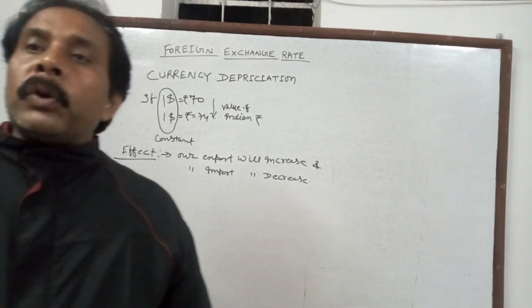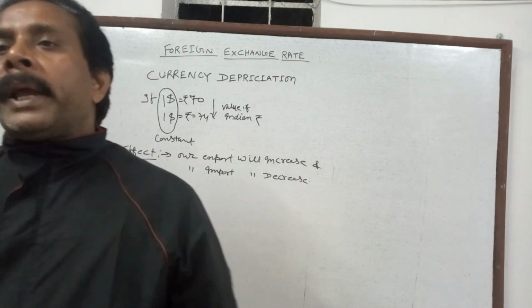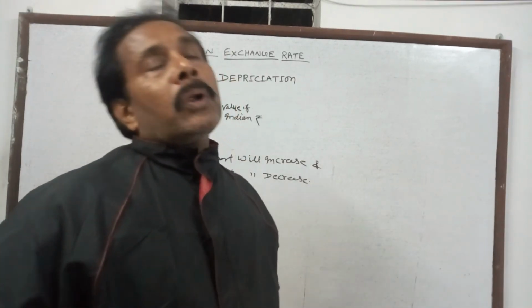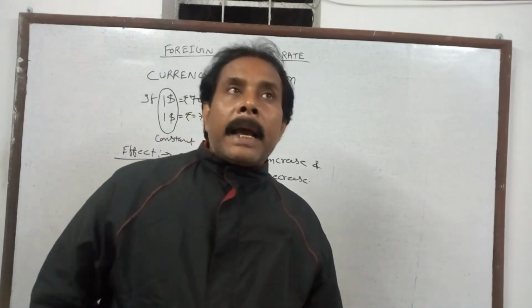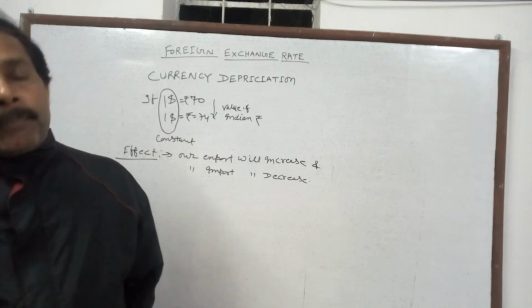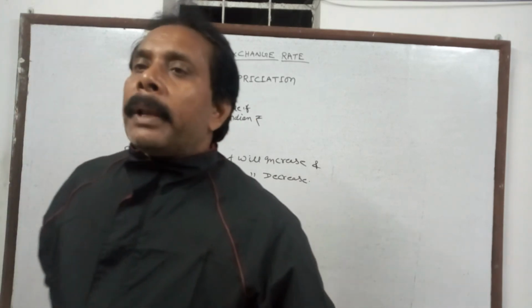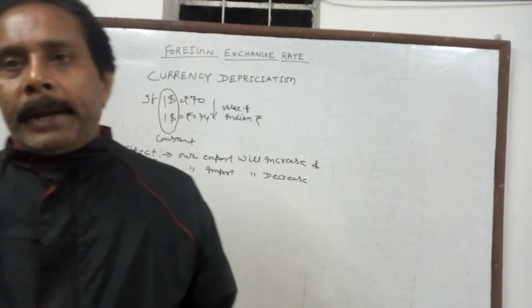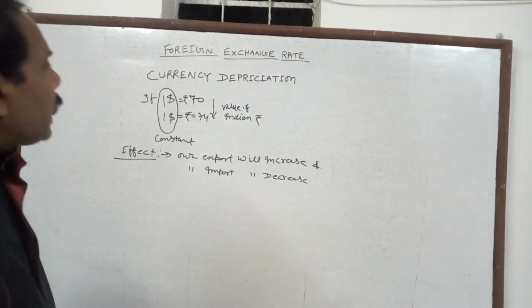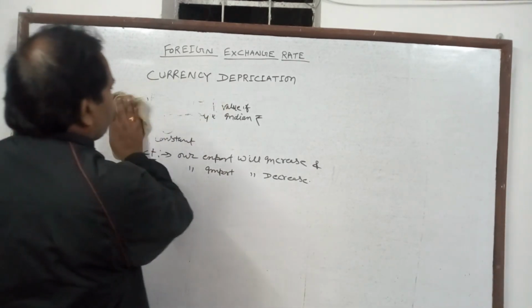So our export will increase, okay, and our import will become more costly, whereas for the foreigners, purchasing of goods from our own country will become cheaper. Is it clear? Now come to the currency appreciation.